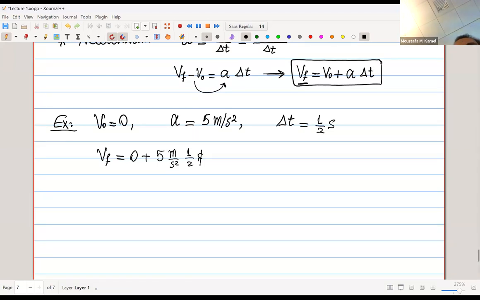Second cancel with 1 second. So we get 5 over 2 seconds, meter per second, or 2.5 meter per second. So we started from rest and then we reached 2.5 meter per second after half a second. Okay. So this is how you use kinematic equations.